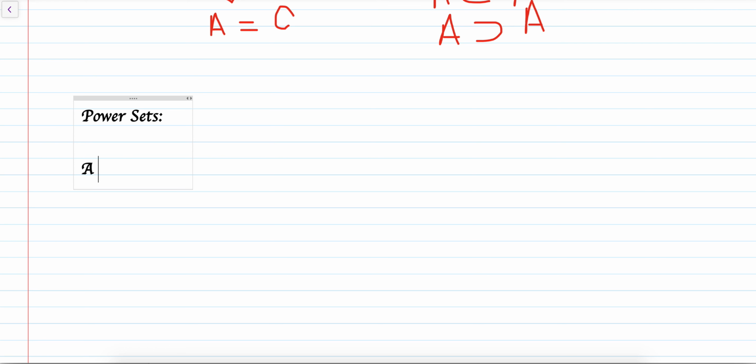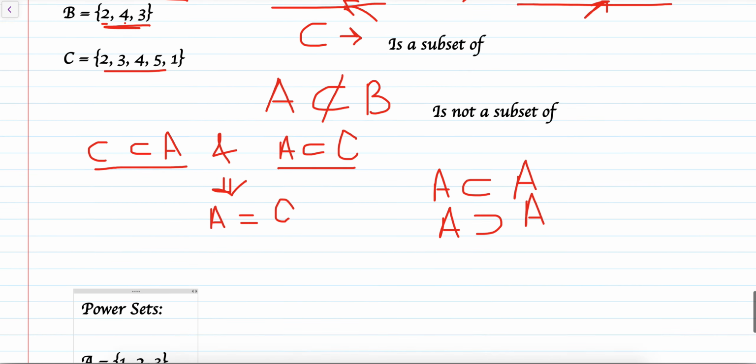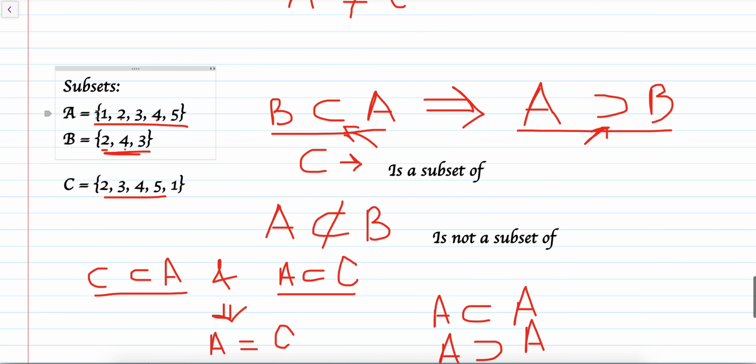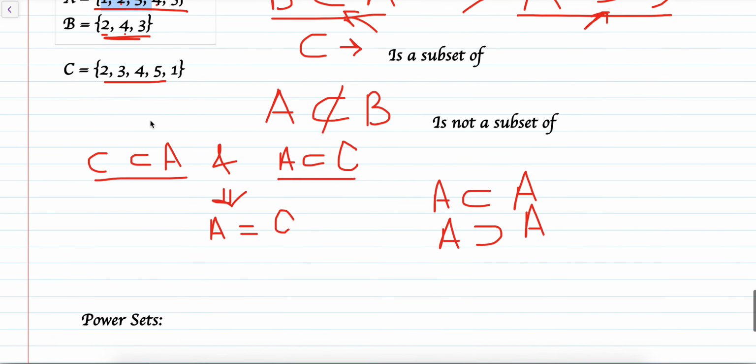So suppose A is a set of 1, 2 and 3, and we just studied what subsets are. A subset is what we get if we pick some or all elements of a set and create a new collection. We get a new set, and that set is called a subset of the bigger set.